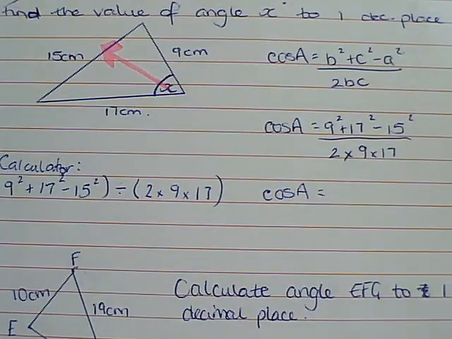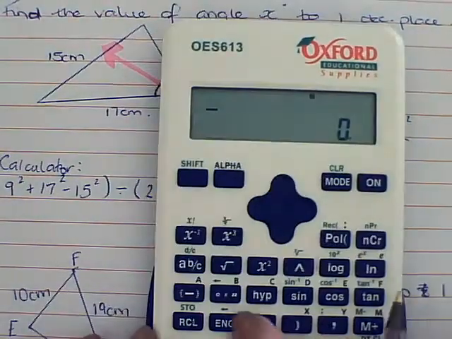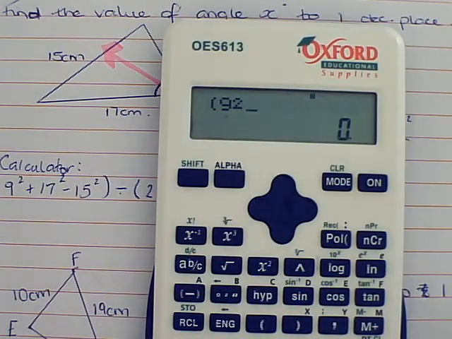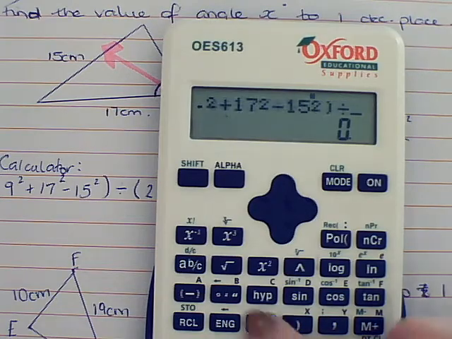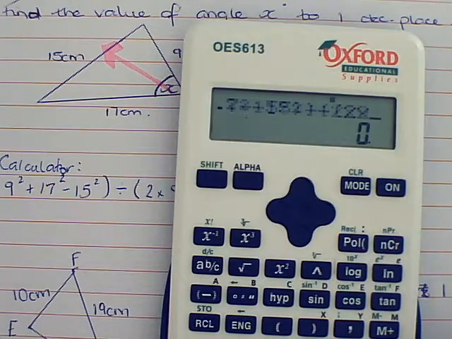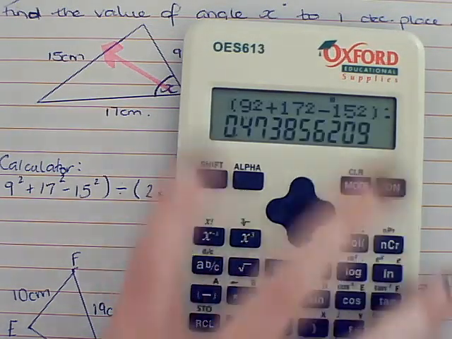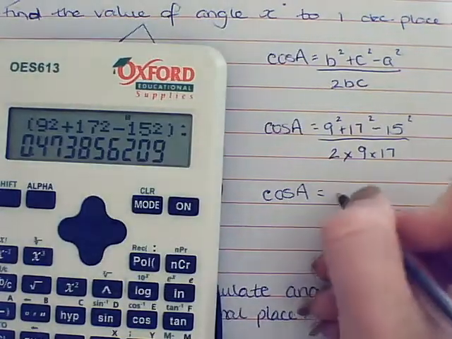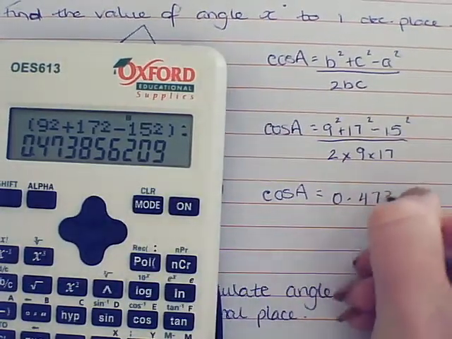So let's do it. And we've got 0.473 dot dot dot.